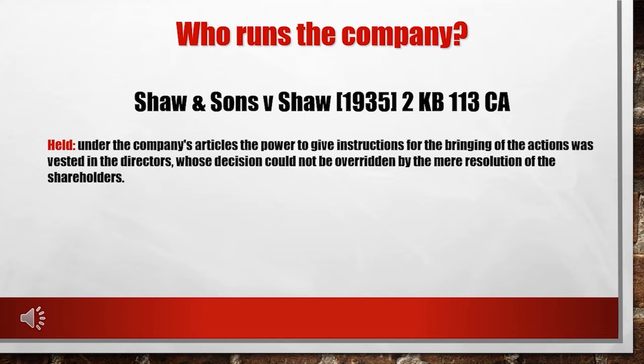So the board is there to set the company's strategic aims and direction and to ensure that the necessary financial and other resources are available for the company to be able to reach those objectives. Part of their job is to review on a regular basis progress towards those objectives. The board is the one that sets the company's values and standards and ensures that obligations to shareholders, internal stakeholders and external stakeholders are met.